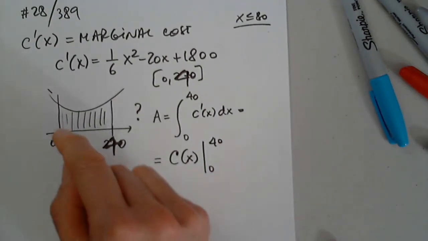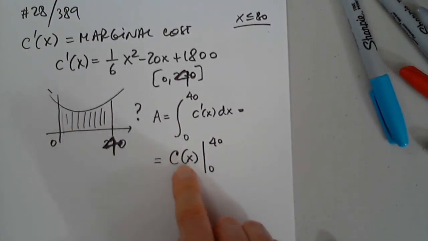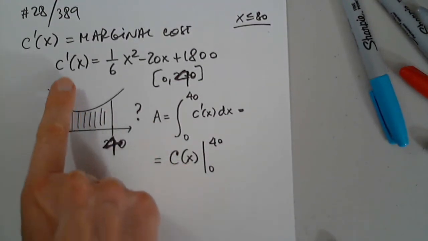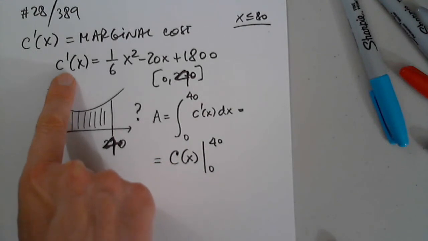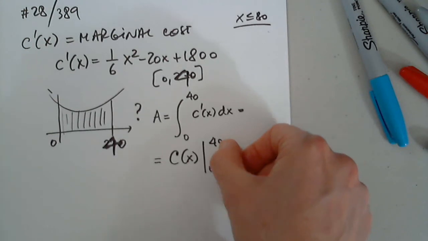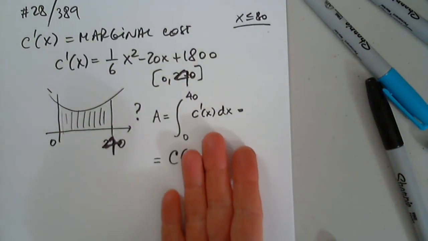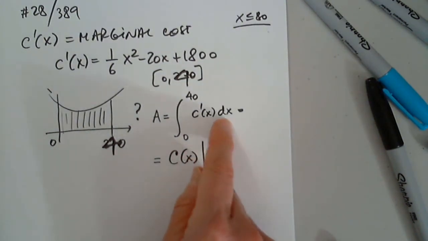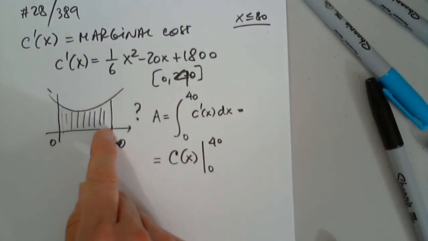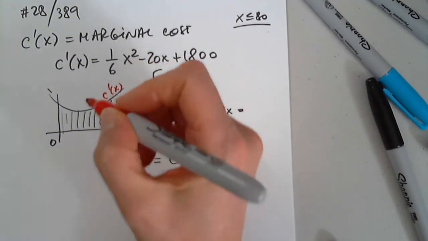So when we're asked to find this area, we are really asked to find the function whose derivative is that and evaluate it from 0 to 40. Since we already know the fundamental theorem of calculus and we know how to calculate this, there is no need to split this up into 4 subintervals and determine the area under, so this is c prime of x.